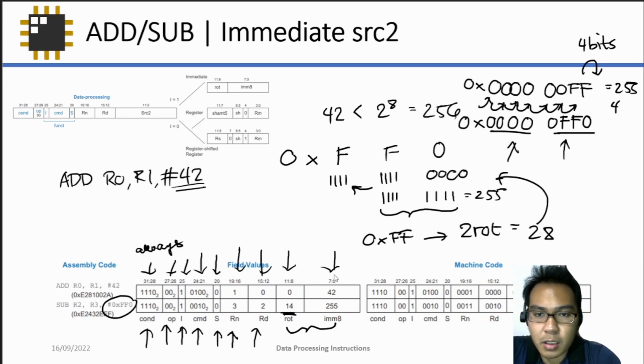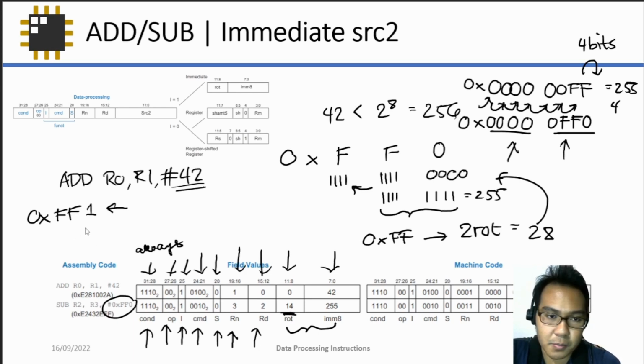Something to note in that case as well is if you try to write an immediate, say something like 0xFF1, this is not possible because you cannot make this immediate out of a shift. You need to have something that's actually just 8 bits, and then you can place it in the middle of a lot of zeros.